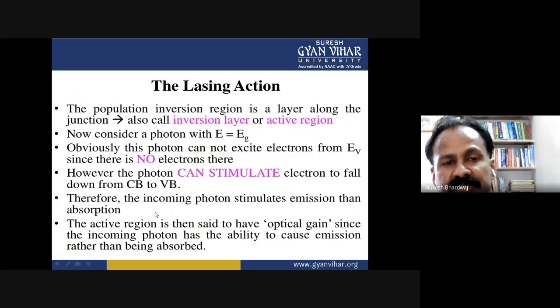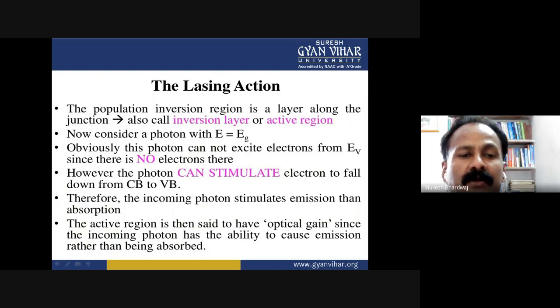The lasing action. The population inversion region is a layer along the junction, also called the inversion layer or active region. Now consider a photon with E equal to Eg. Obviously, this photon cannot excite electrons from EV since there are no electrons there.